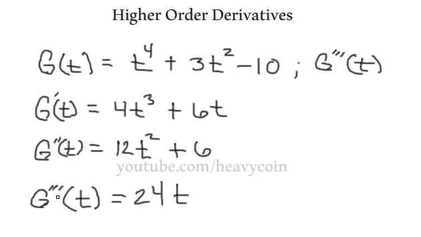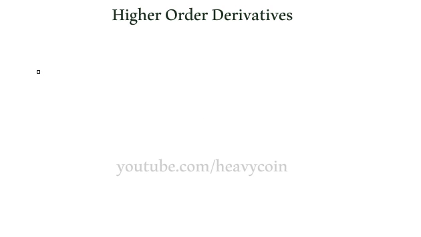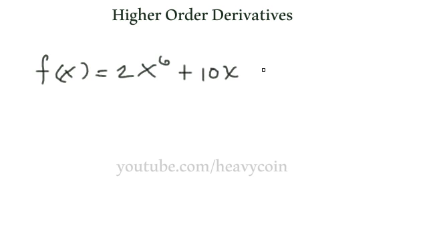Alright, now what happens if they were asked to find the sixth derivative or the fourth derivative? Well, we wouldn't just keep writing prime, prime, prime and just keep going with that. We have some different notation for that. So let's say that we were asked to find, we'll go back to our notation, f of x equals 2x to the sixth plus 10x minus 1.